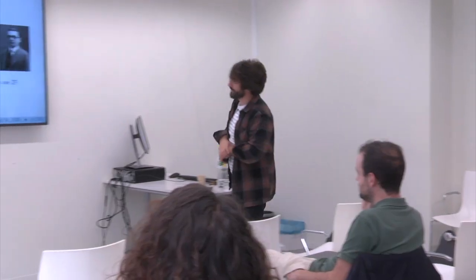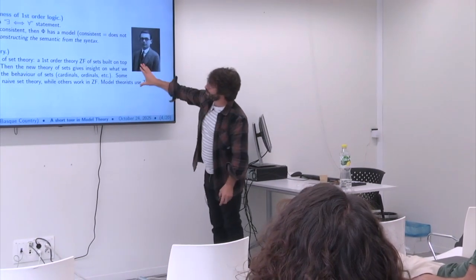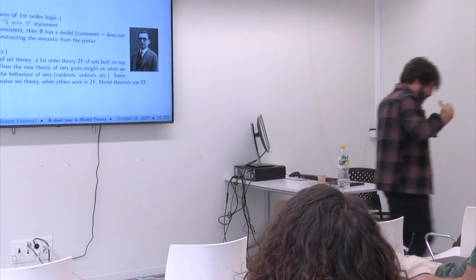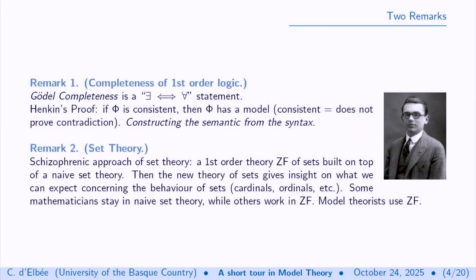It always looks good. A little remark on set theory, which is a little bit schizophrenic. Set theory is another branch, one could say, of logic, between logic and mathematics also, a little bit like model theory, but sort of parallel.